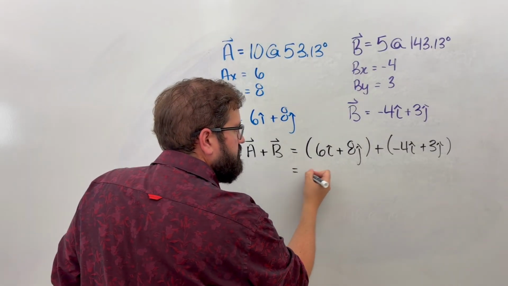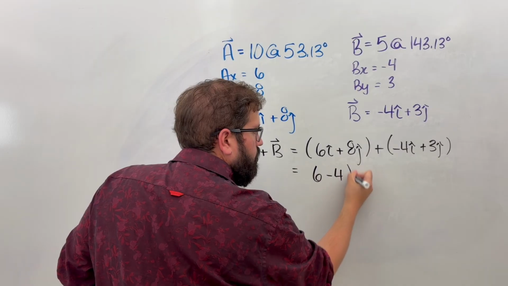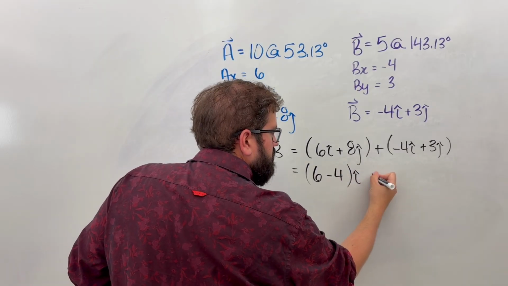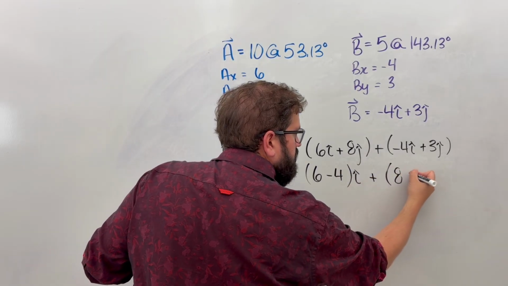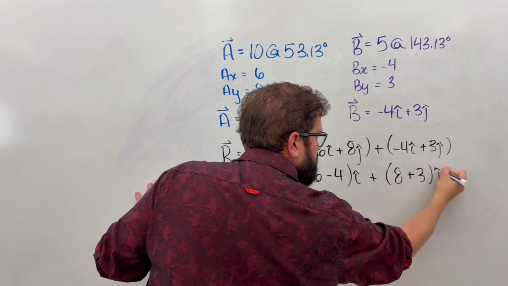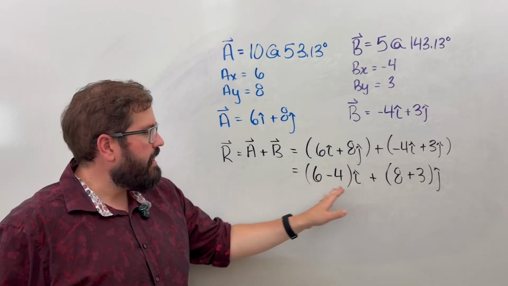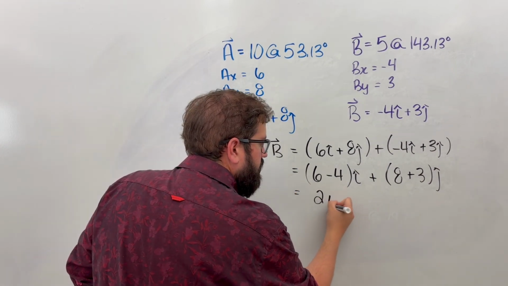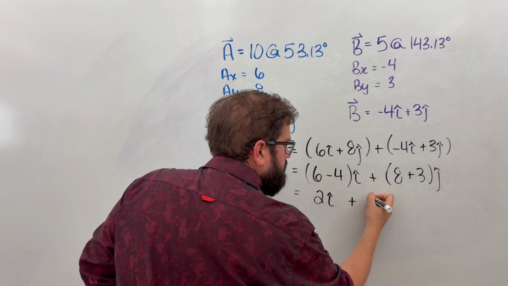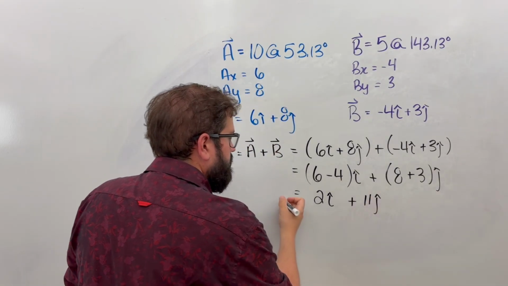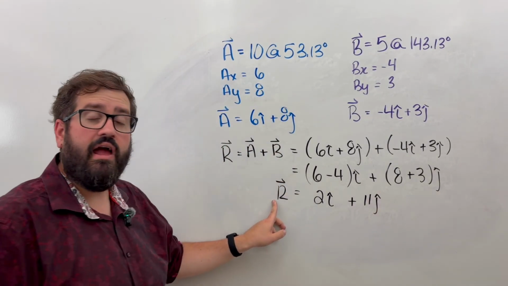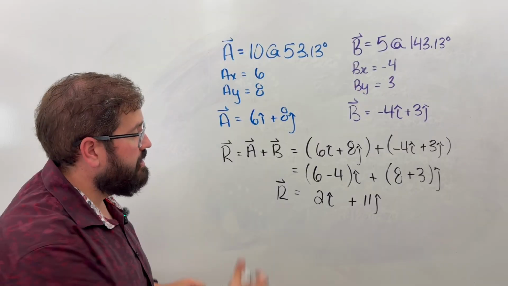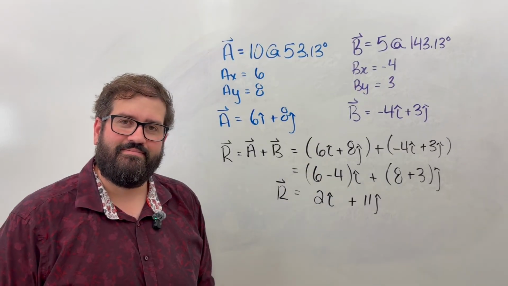This would turn into (6 minus 4) i hat plus (8 add 3) j hat. Well, now it's a pretty simple set of operations. We know that this must be 2i hat add 11j hat. That is vector A plus vector B using unit vector notation.